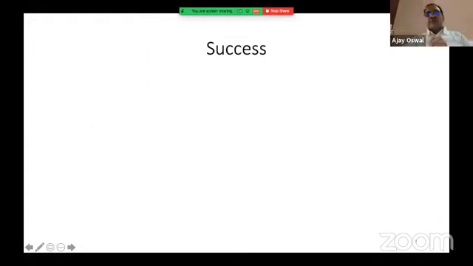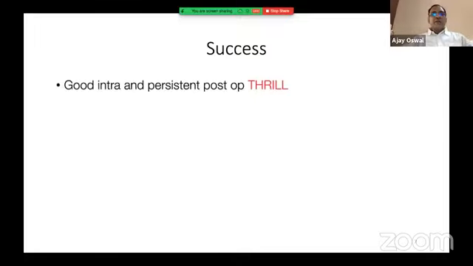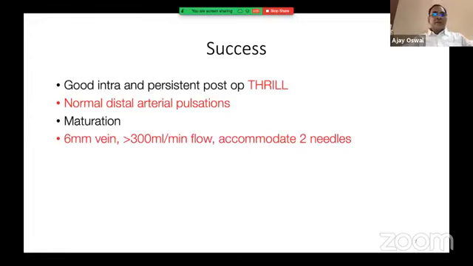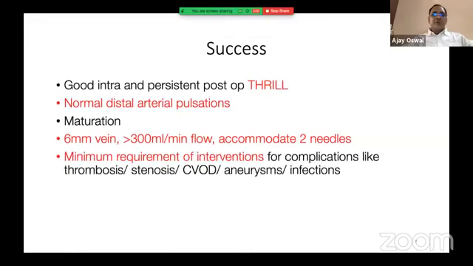So after successful vascular anastomosis, how do you define success of an AV fistula? Good intra-op and persistent post-op thrill, normal distal arterial pulsations so that the distal limb is perfused well, maturation of the AV fistula to the extent that it is a 6 mm vein providing 300 ml per minute of flow, accommodating 2 needles, and minimum requirement of interventions for complications like thrombosis, stenosis, central venous occlusive disease, aneurysms, or infections.